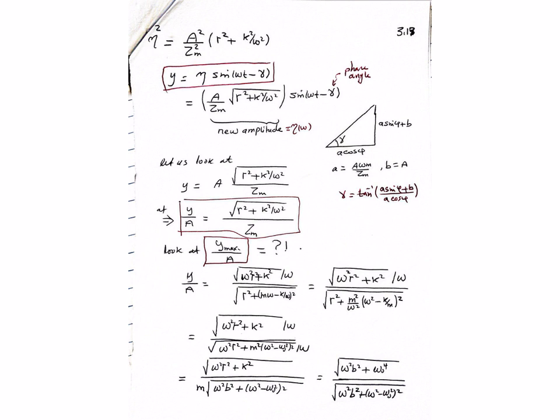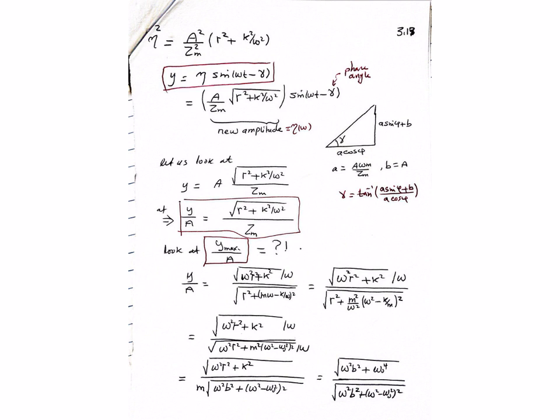This is gamma, not phi. This is a new phase angle. When you add these two waves together, this figure shows gamma. The tan of this angle equals A sine phi plus B over A cosine phi.